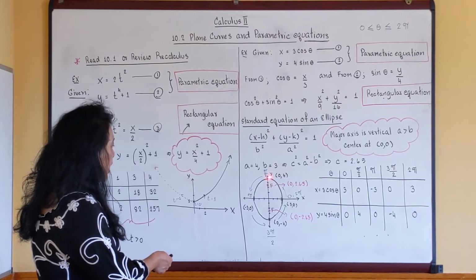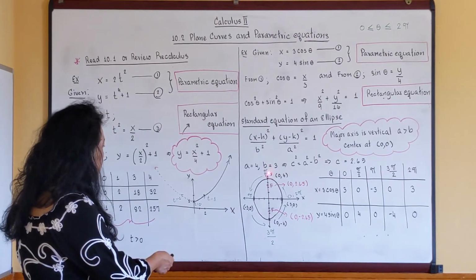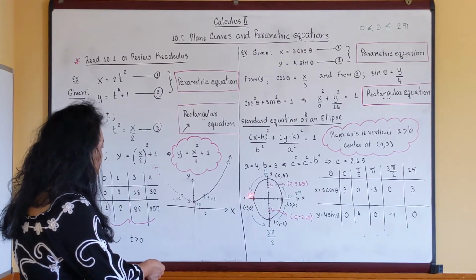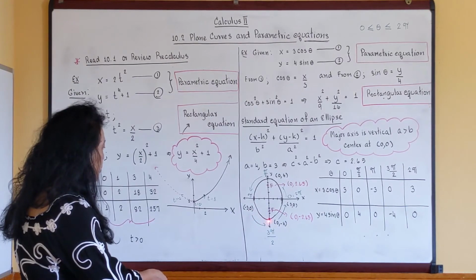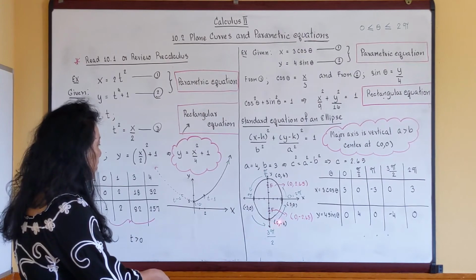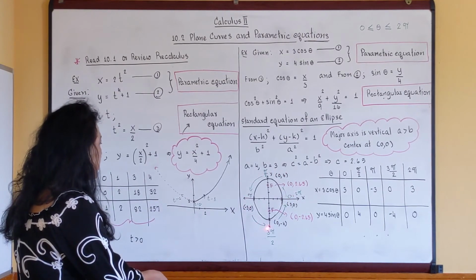When the angle is pi over 2, x is 0, y is 4. When the angle is pi, x is negative 3, y is 0. When the angle is 3 pi over 2, x is 0, y is negative 4, and then 2 pi is over here. So it moves counterclockwise in this direction.